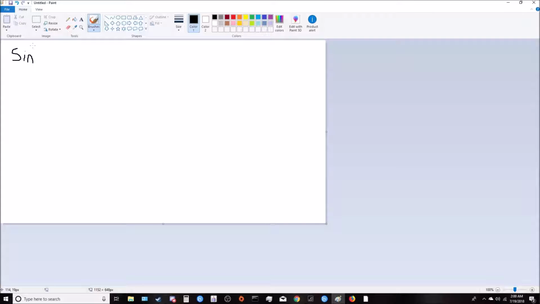You can abbreviate them as either using this -1 sort of power here, or you can also use the prefix arc in front of the trigonometric function. I prefer this notation personally because it avoids confusion with the cofunctions, and it's just easier to say arc sine, for instance, instead of the inverse of sine.